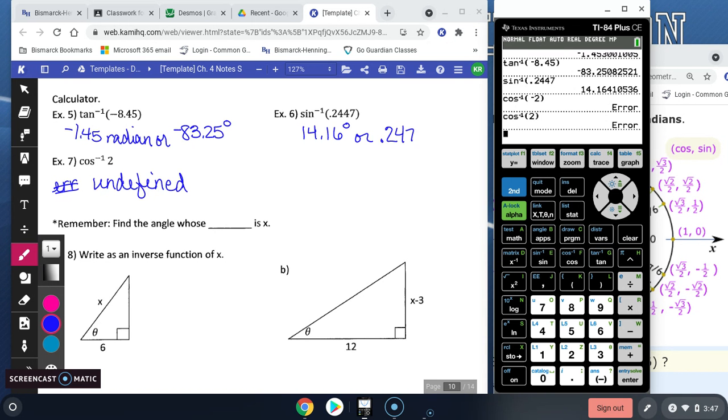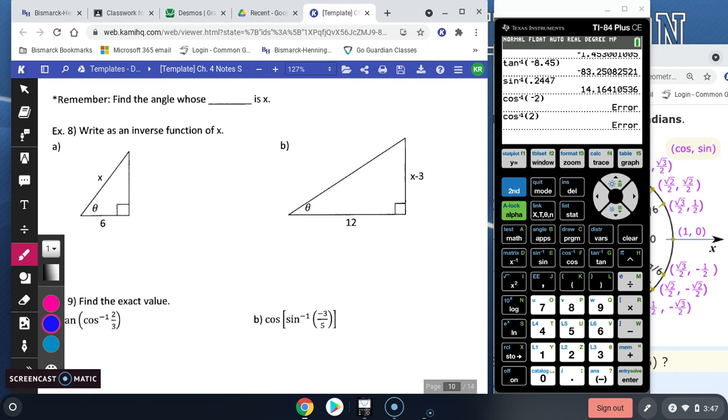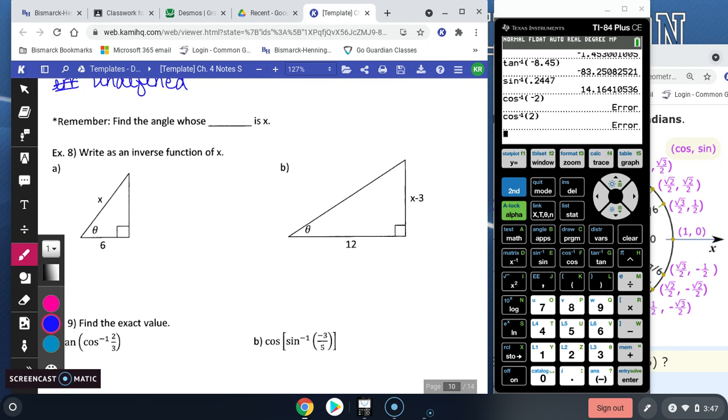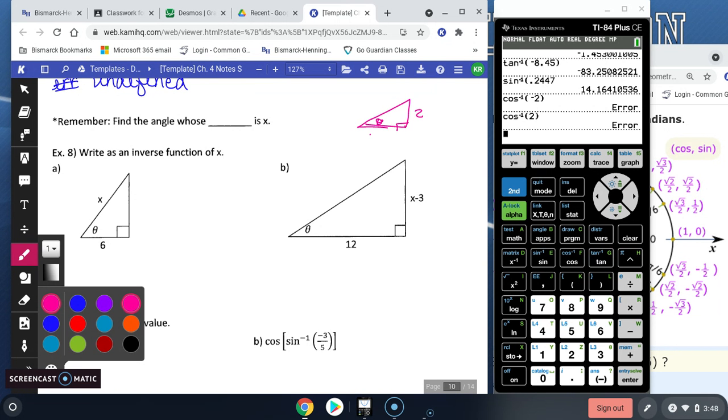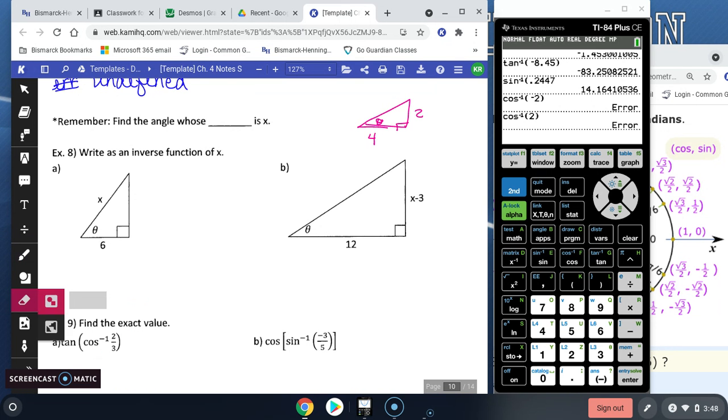All right, number 8, A and B. Let's go back just a little bit. If I give you a triangle, label this and say, here's theta. This side is 2. This side is, we'll just say 4. Find the angle for theta. What's the measure of that angle?